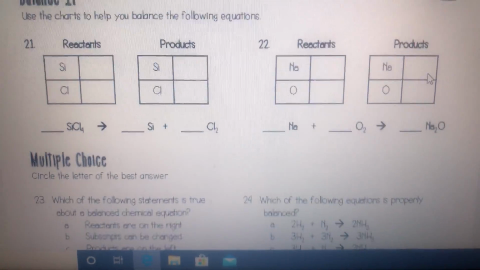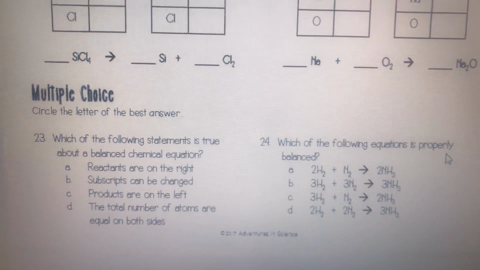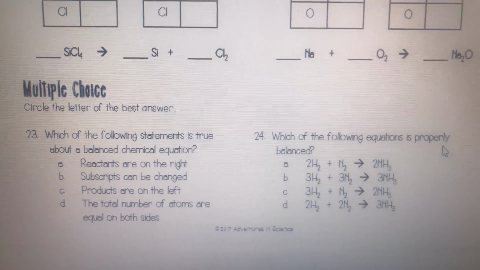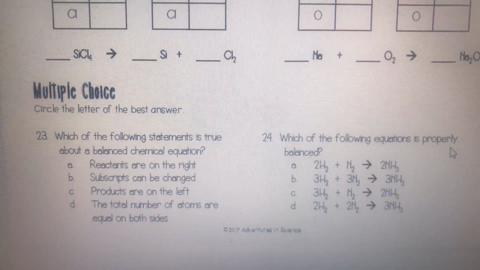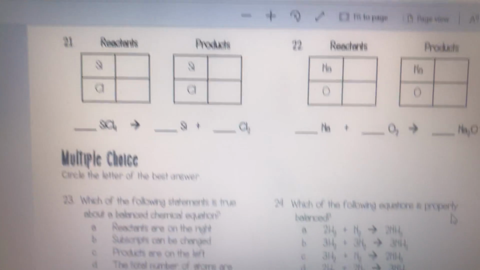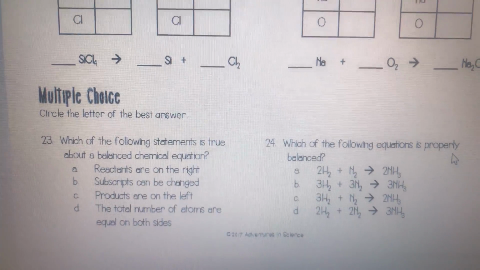Then I'd like you to put together your multiple choice. Which of the following statements is true about a balanced chemical equation? Reactants are on the right? No, reactants are on the left. Subscripts can be changed?